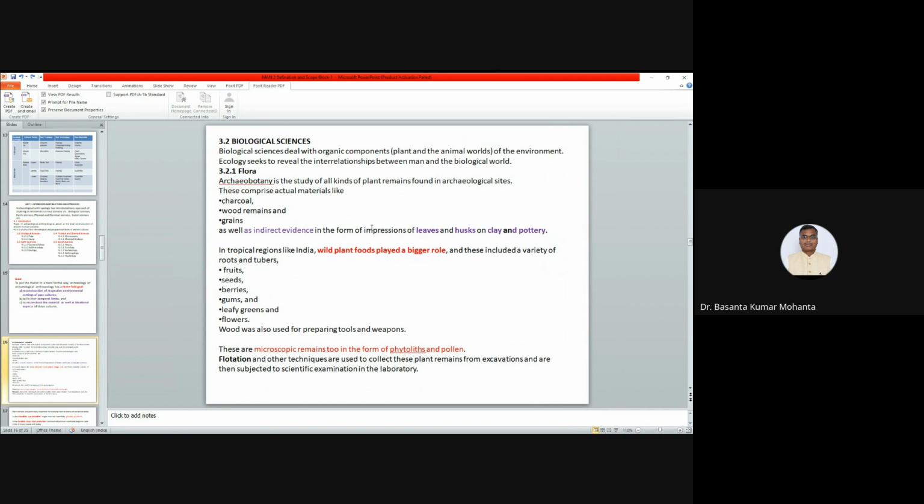So let's go to the botany, or the study of flora, study of plants. In archaeology, one major subdiscipline is called archaeobotany, which used to study the various kind of plant remains found in archaeological sites.